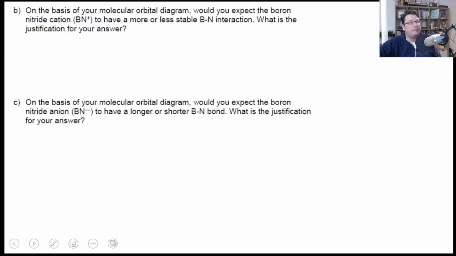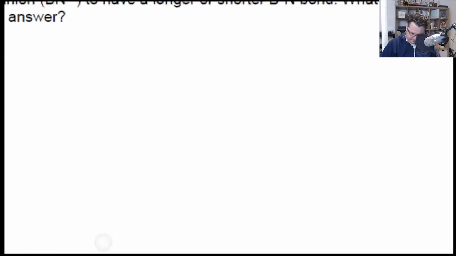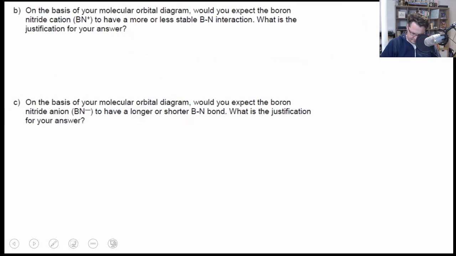If we were to think about BN+, if we were to calculate the bond order now, BN+ means we have 1 less electron.